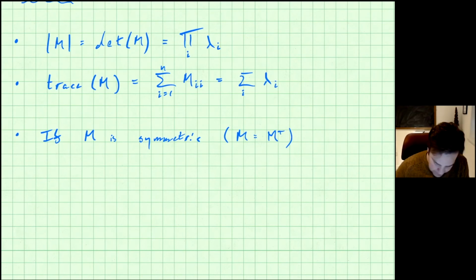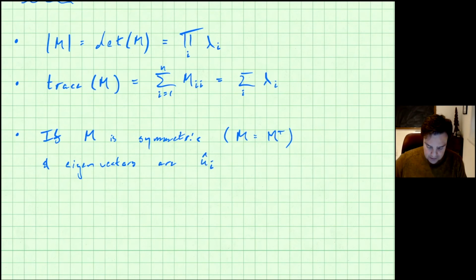So let's say you have a matrix M that's symmetric, and its eigenvectors are called u hat i, right?